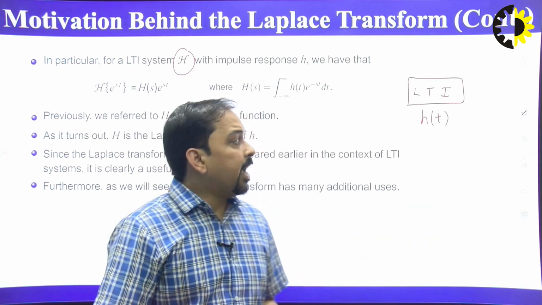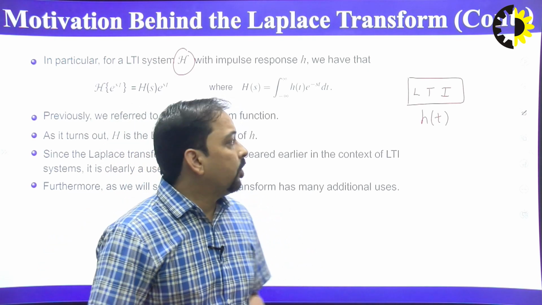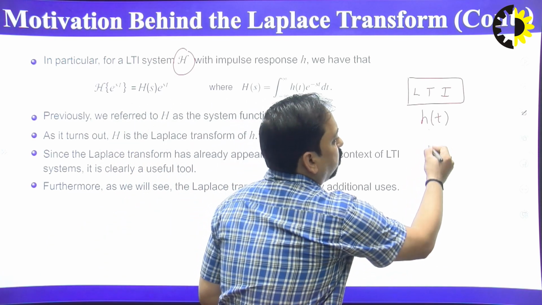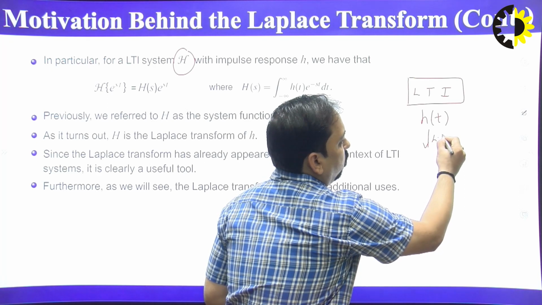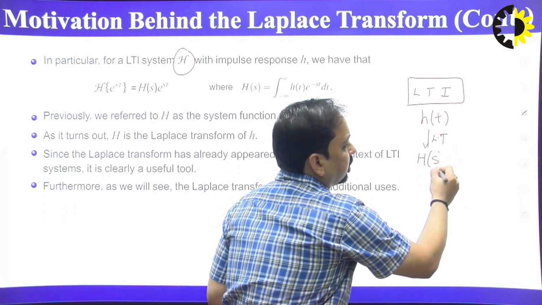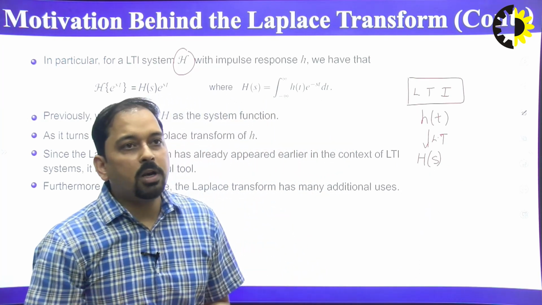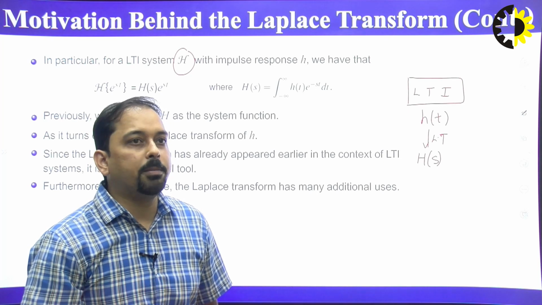This small h is in the time domain, whereas the capital letter corresponds to the Laplace transform of h(t), which is H of s. I am using the capital letter for the transform and the small letter for the time domain representation.